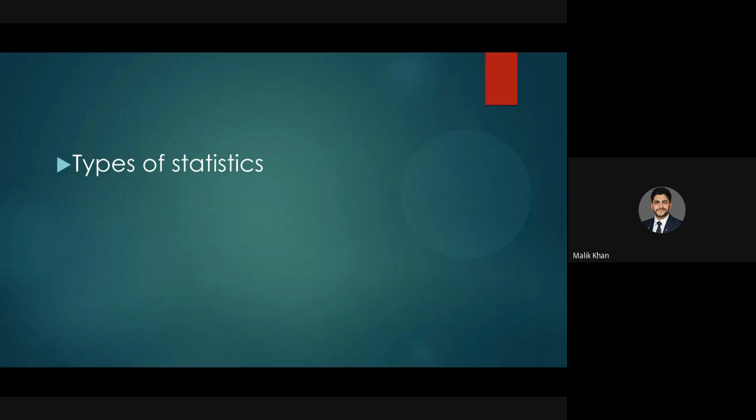Descriptive statistics, like the name suggests, basically describe characteristics of the variables we are talking about. So for example, let's say I'm talking about age, or hypertension, or lung cancer, or smoking. All of these are the variables that I'm dealing with.